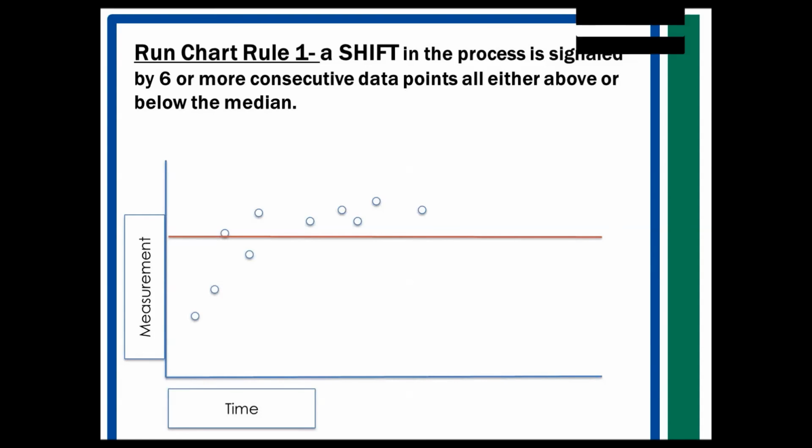So on this chart here we see that there are 6 data points that are above the median, starting with data point, I think it's 5. And so this would signal that the data is telling us that there is a shift in process. It doesn't necessarily mean that it's a statistically significant change, but it is indicating that there's something here that should be investigated.